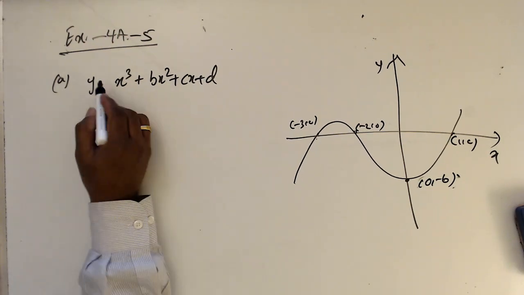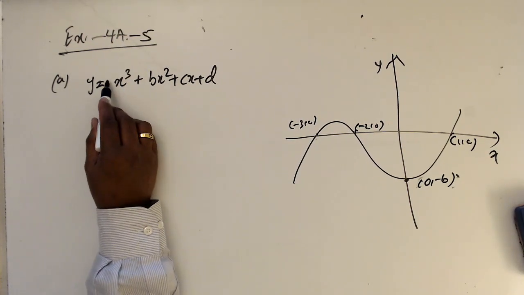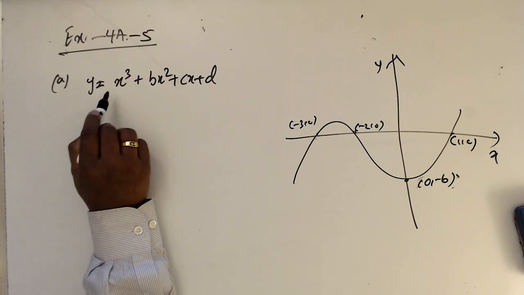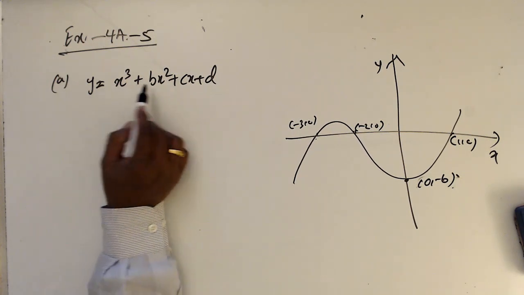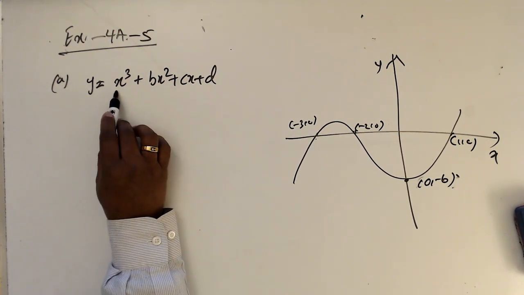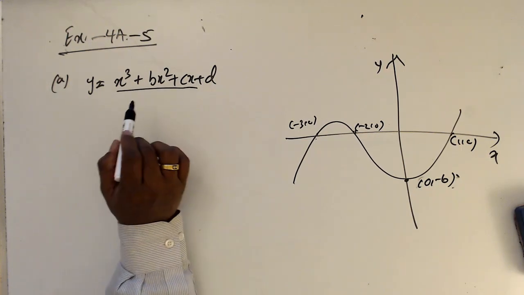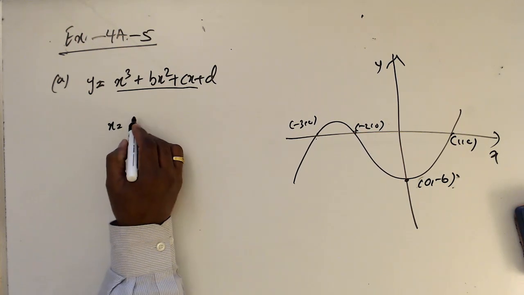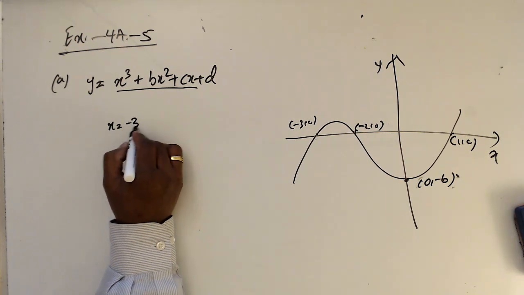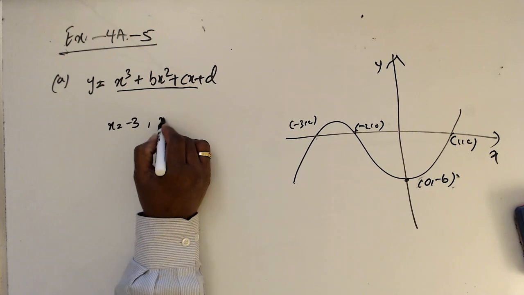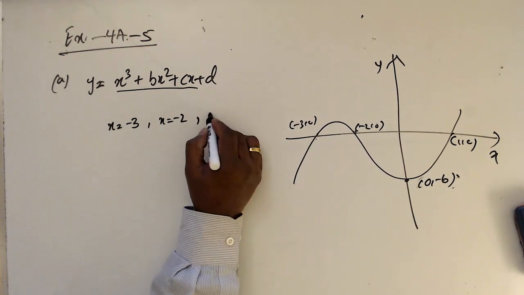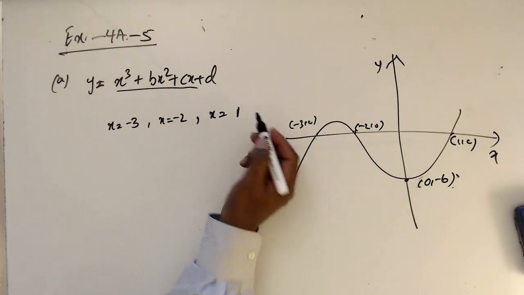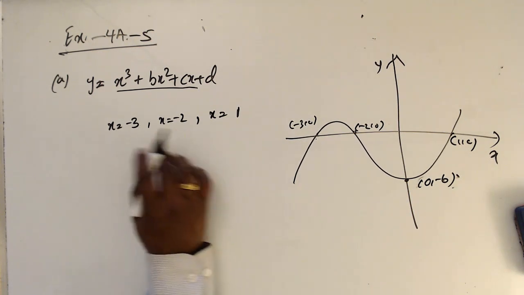Since there is no a here, we can try to work with this form, because x equals minus 3, x equals minus 2, and x equals 1. So those are the roots.